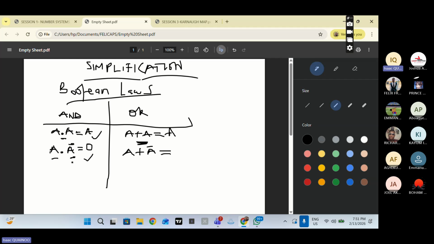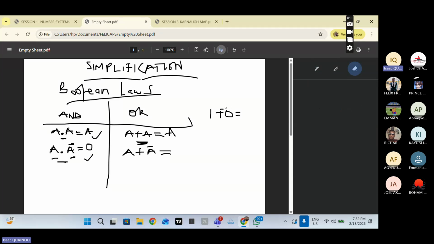A plus A complement is quite different from A times A complement, and this is where the difference comes from. Assuming you have A to be 1, that means your A complement is going to be 0. The OR operator returns true if at least one of your inputs is true.